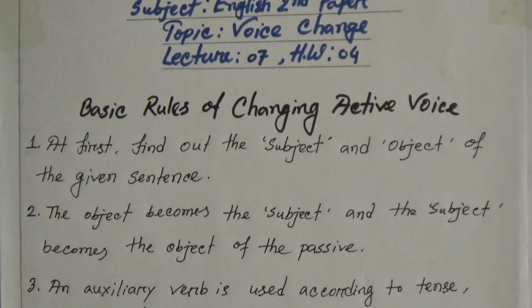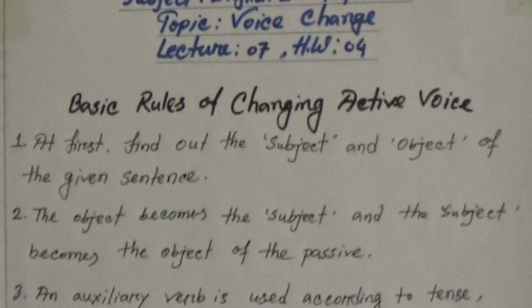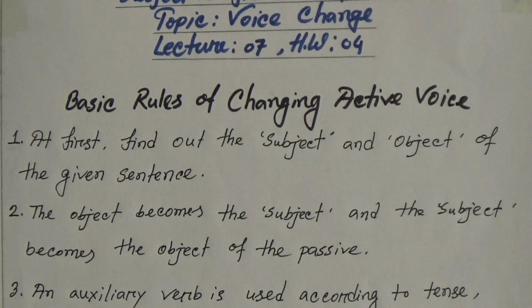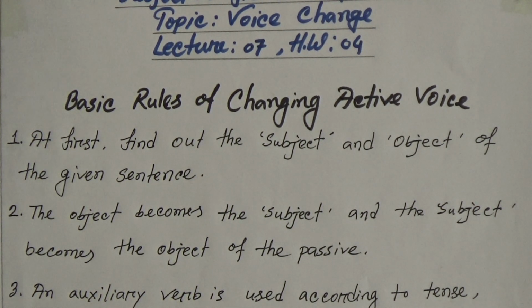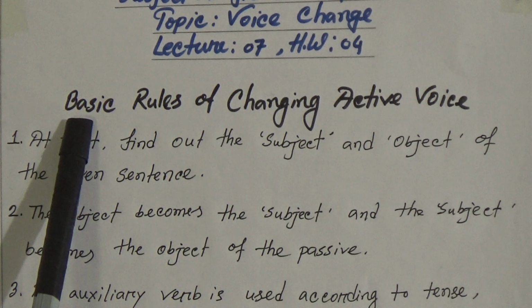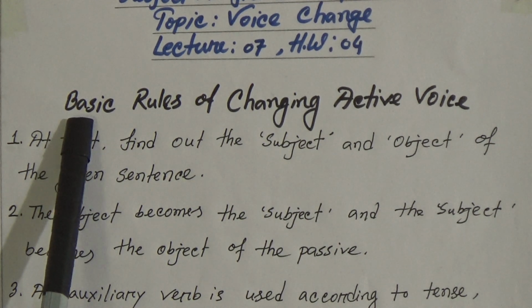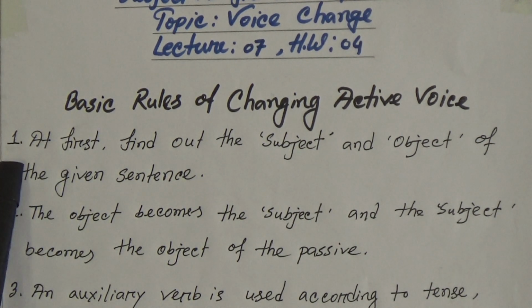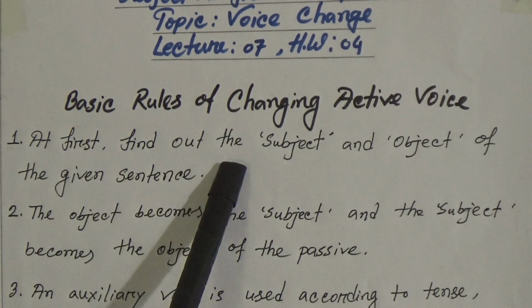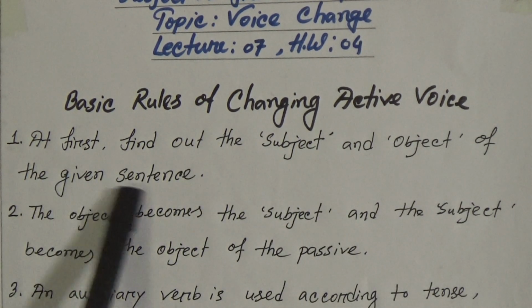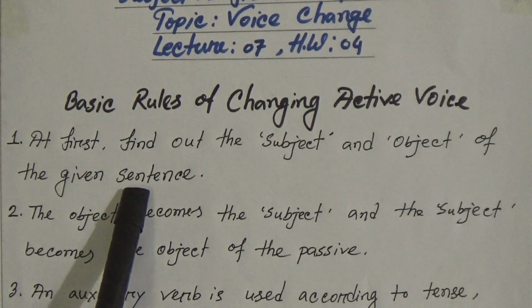How can we change the voice? You already know that voice is of two kinds, active voice and passive voice. While we are transforming active voice into passive, we have to know some basic rules. Number 1, at first find out the subject and object of the given sentence. This is very important in changing a voice.